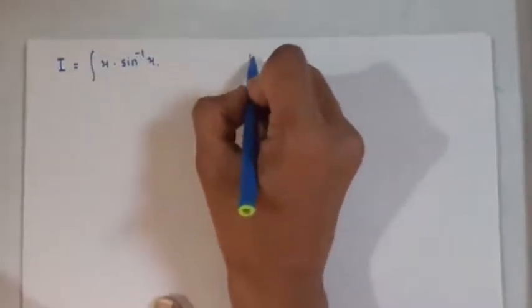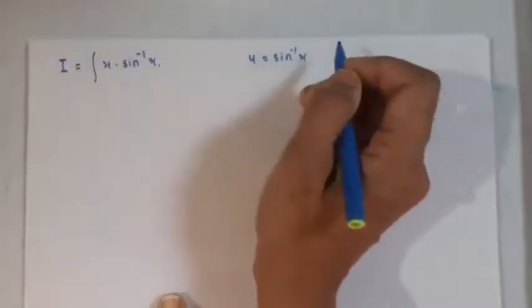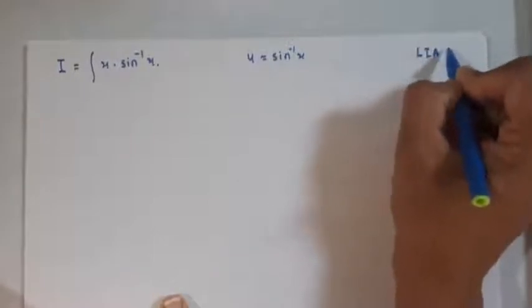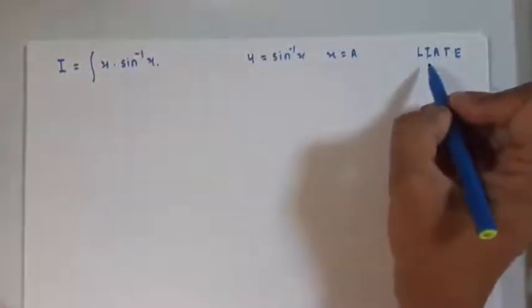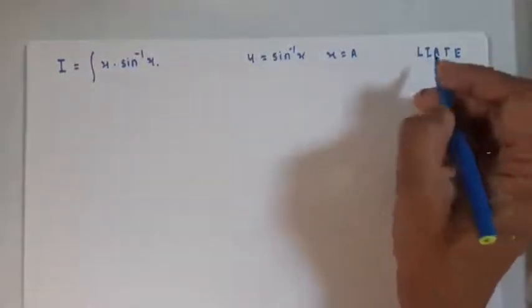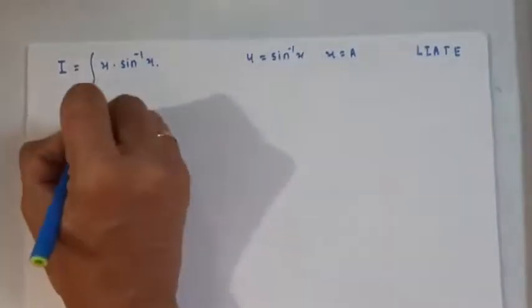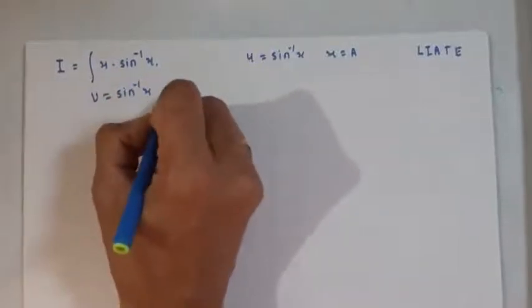So here u equal to sine inverse of x according to the LIATE rule. This is an inverse trigonometric function and x is the algebraic function, and inverse function has the second position, algebraic has third, and that's why here u equal to sine inverse of x, and v equal to x.